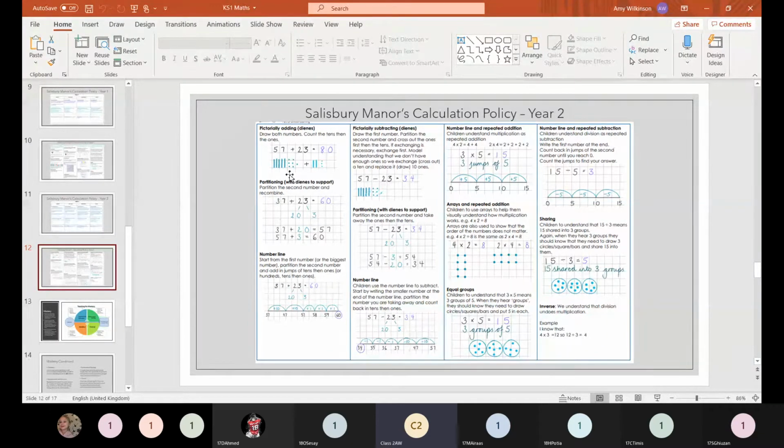So it just furthers their understanding and their knowledge. They move into partitioning to solve addition. So breaking the numbers down into 10s and 1s to find the answer. And again, using number lines, but making jumps in 10s and 1s rather than jumping on in 1s. Again, I won't go into too much detail there. This is on the website for you to have a look at to see if you want to.